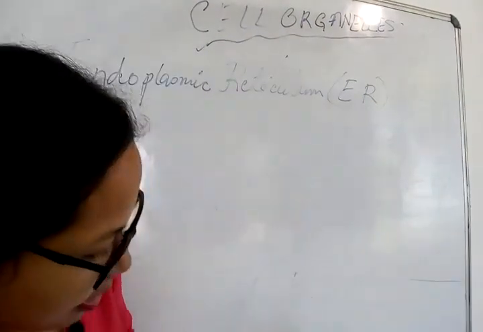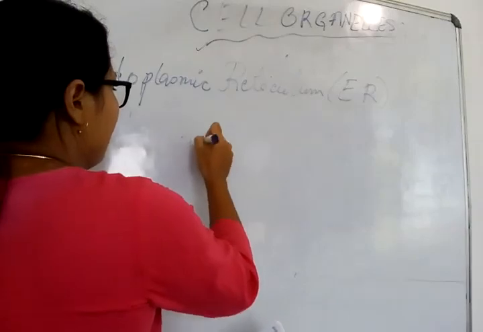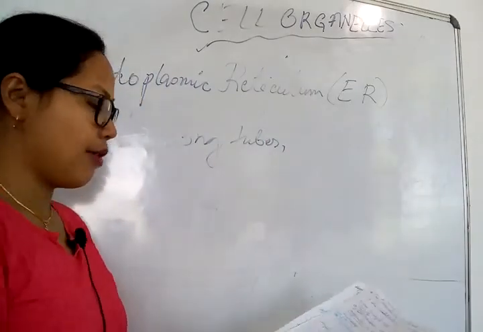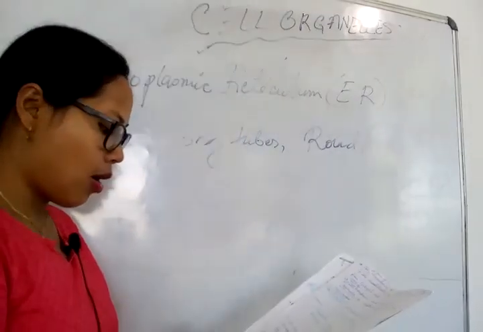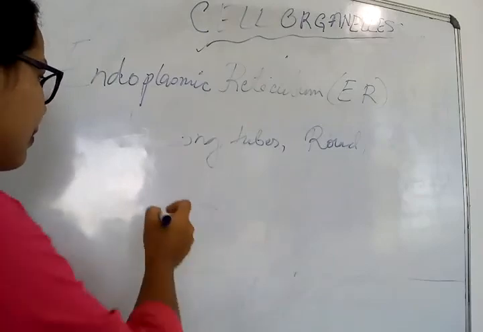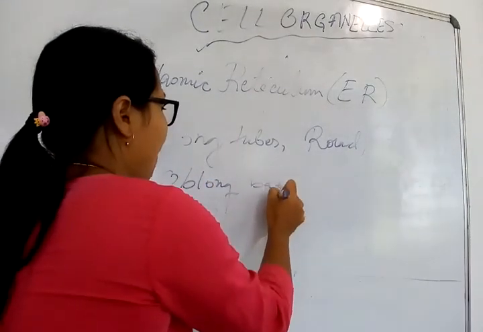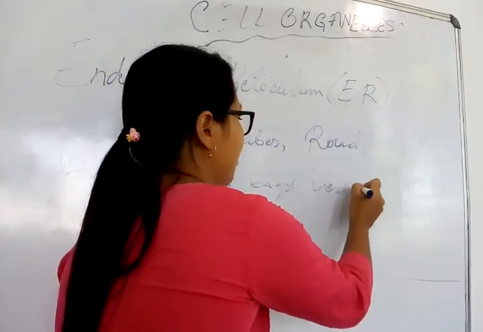Mainly they are long tubes. They appear as long tubes, and what else? Round, they appear in round shapes. Also oblong bags, or say vesicles.